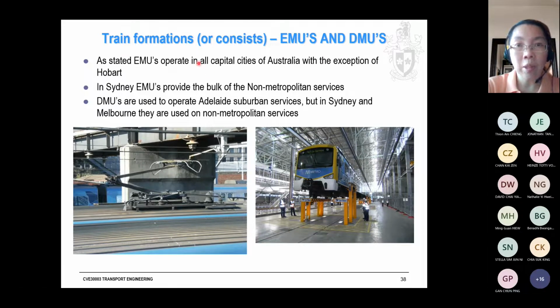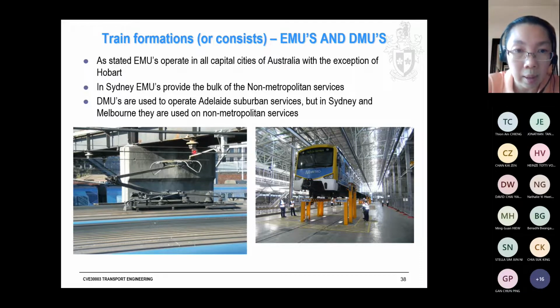And train formations, or consisting of EMUs and DMUs, we see this for Australia. And as stated, EMUs operate in all capital cities of Australia with the exception of Hobart. And in Sydney, EMUs provide the bulk of non-metropolitan services. Yep. So this is metro. This I think is Sydney. Okay, so we could see that.